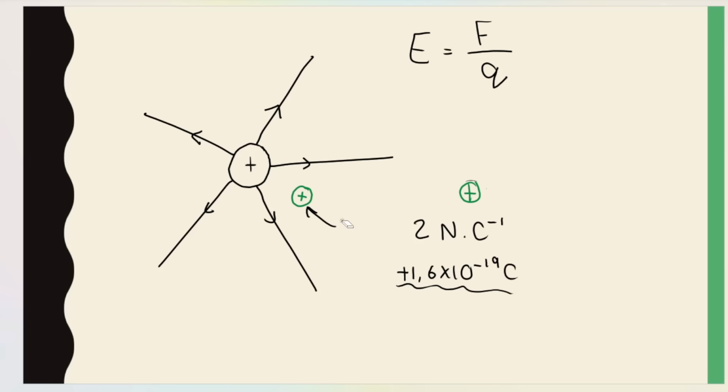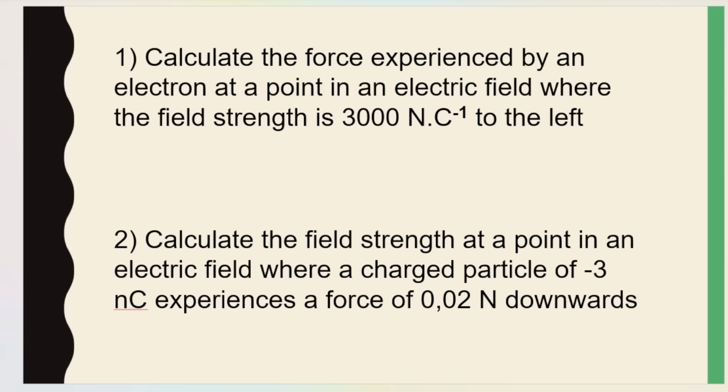So we use this formula in order to either calculate the electric field at a particular point, if I know the force on that charge and the charge of the object, or to calculate the force if I know the electric field at that point and the charge of the object. So that is when I use that formula, and I will go over that again, but these are two questions that you can get, for example.